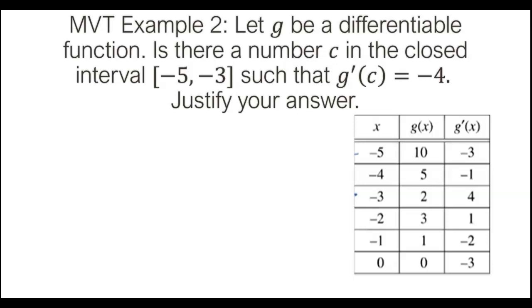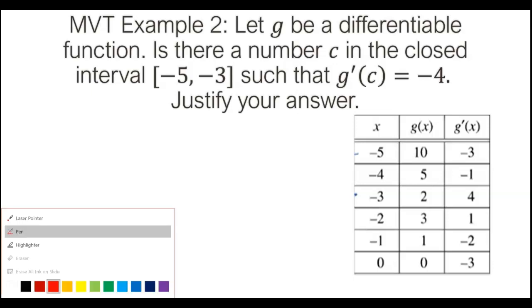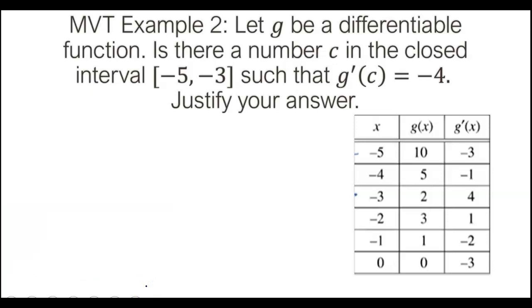So is there a number c in that interval such that the derivative equals -4? How do you find it? What two points are you going to pick? Because there are a whole lot of points. -5 and -3. You're just going to do the slope of the secant, which is -4. MVT justifies that the slope of the secant is equal to the slope of the tangent.